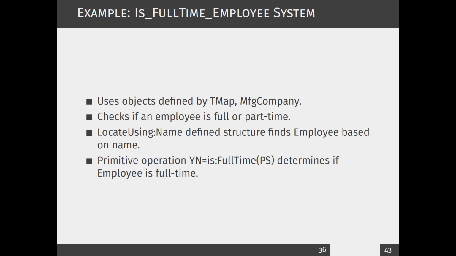That means you can use a function to find the employee based on the name. So for example, the primitive operation could be you can check whether that particular employee is full-time. So this primitive operation is full-time, which will determine if the employee is full-time.